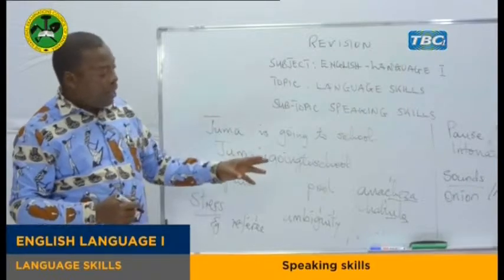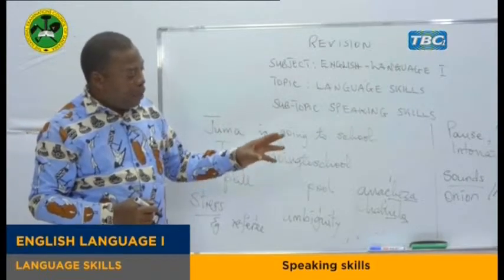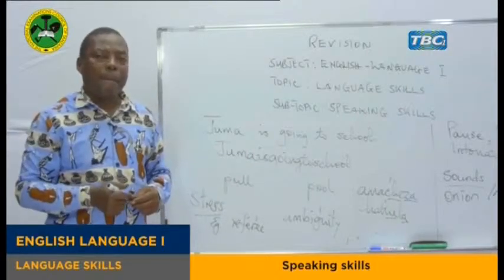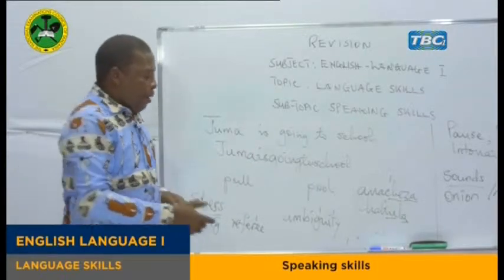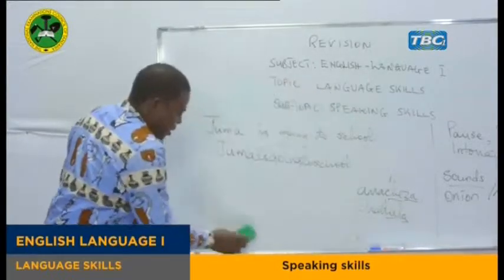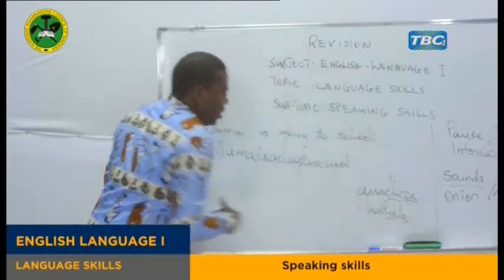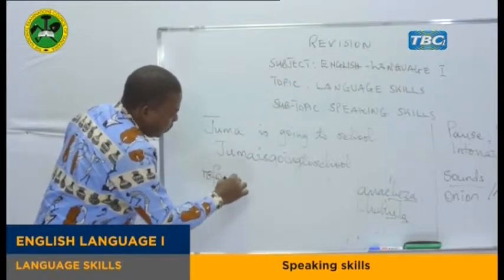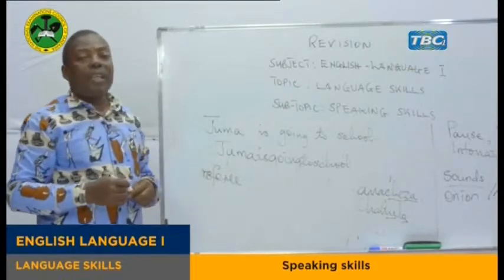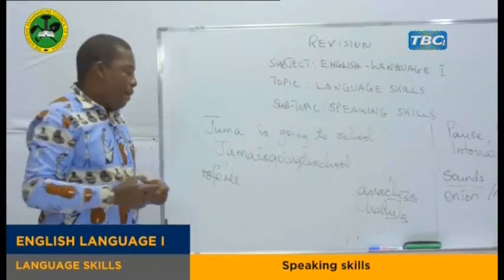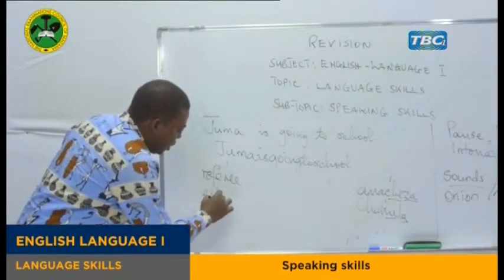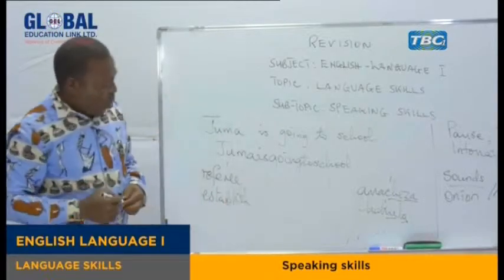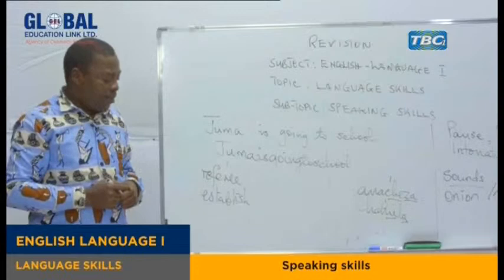In English, the stress position varies from one word to another. For example, we have this word referee, as we said. We said you put a stress on the last syllable. But when you come across a word like this one again, where do you put a stress?